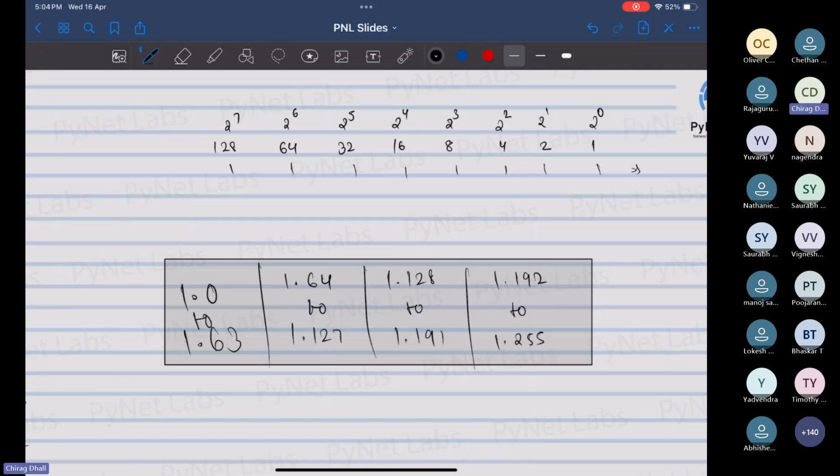Yes, Akash. These are the 8 bits of my octet, right? If I keep all of them on, I get 255. That's the maximum I can get, and it begins from 0. So 0 to 255 is actually 256 addresses only. But the last IP is going to end at 255.